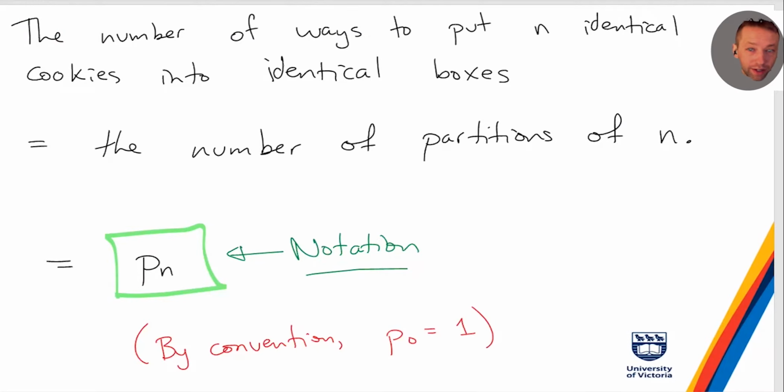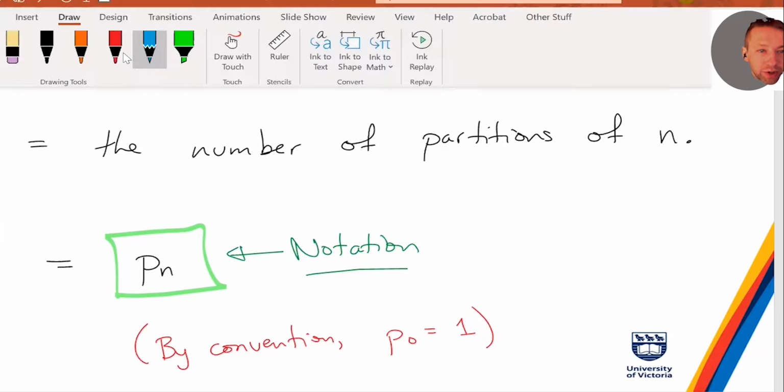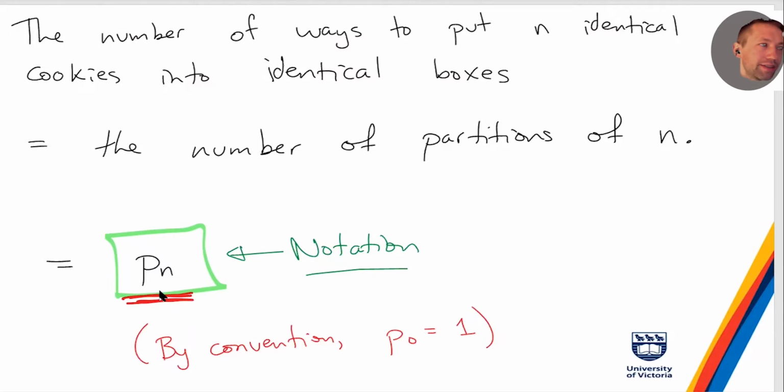So this is just recapping what I said. The number of ways to put n identical cookies into identical boxes is the number of partitions of n. And the notation we're going to use for this is Pn. Now, there's a bit of ambiguity if I talk about P0, like how many ways can I put 0 cookies into boxes? Just for convenience, it's going to be useful to think of P0 as being 1.